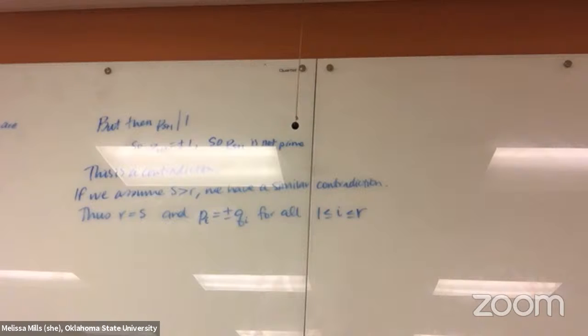And we can keep going, we'll get P2 equals plus or minus Q2, and so on. Then we have to deal with the length of the string of primes. We assume one side has more primes than the other side. We get that those primes divide 1, which is a contradiction. Same thing the other way, and that's it. Okay? All right, so that is basically the end of section 1.3.